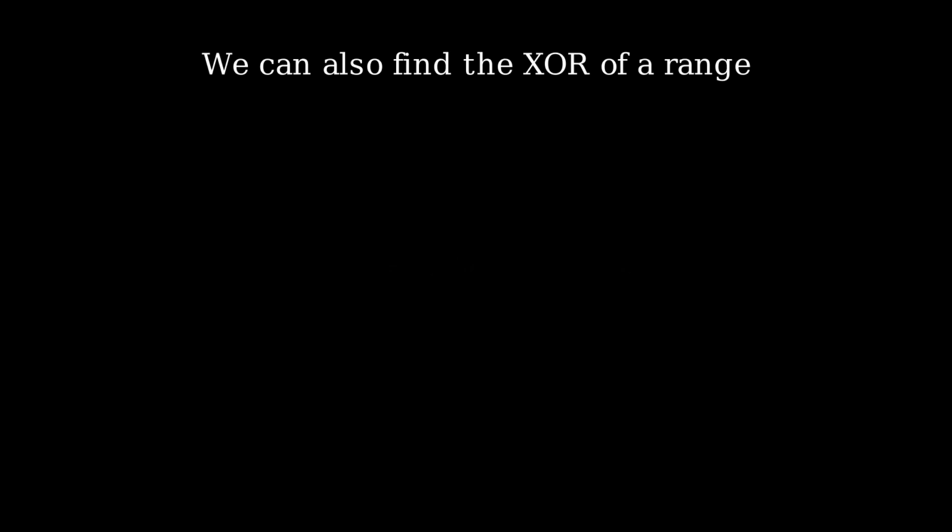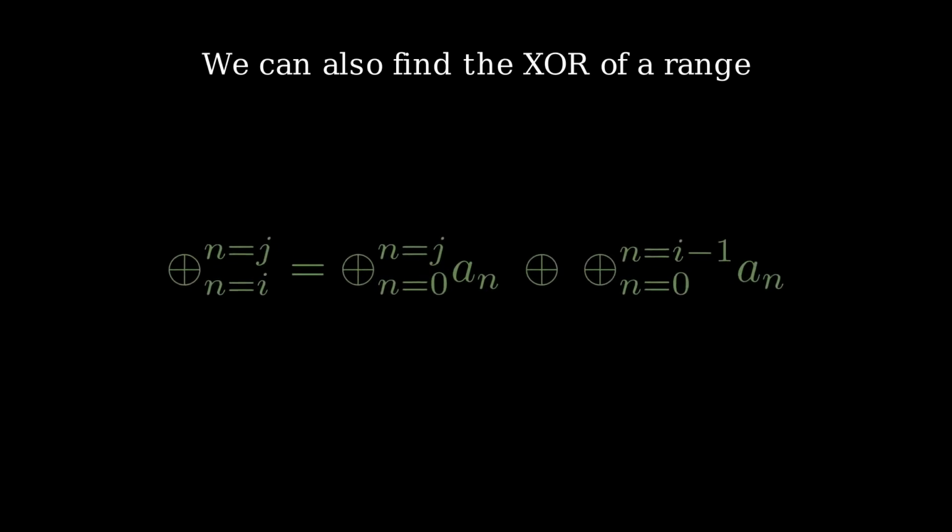This property allows us to write the following equation. So the XOR of all values from i to j would be equal to the XOR of all values from 0 to j of a of n XOR all the values from 0 to i minus 1 of a of n.